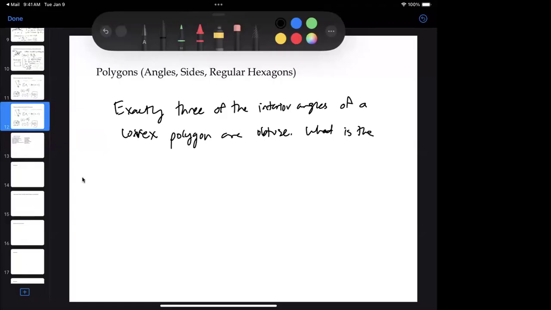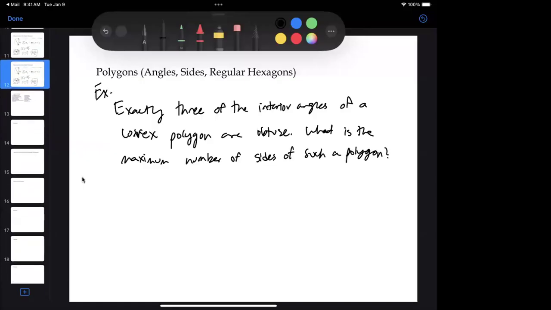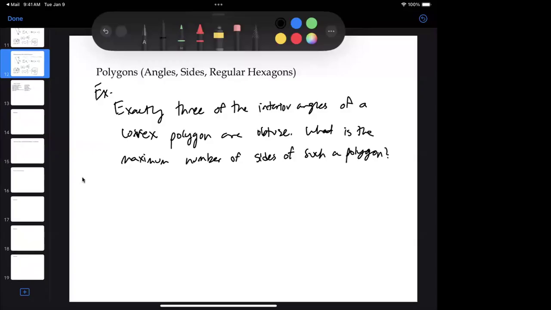What is the maximum number of sides of such a polygon? So let there be n sides.